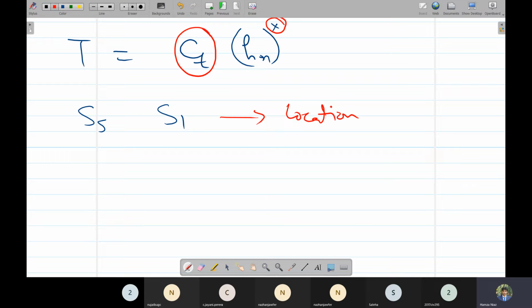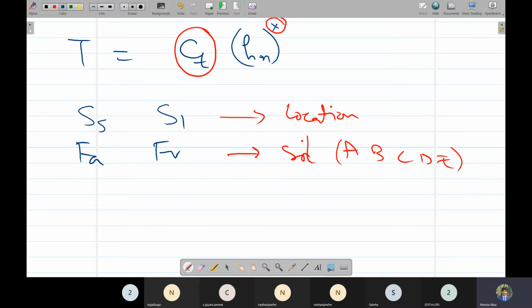The ground acceleration at that point we can calculate from latitude and longitude of our location. Afterwards we have Fa and Fv, and these are soil parameters that we can get from the soil class, whether it is A, B, C, D, E, or F. We can check the soil class, and from tables we can get the values of Fa and Fv.